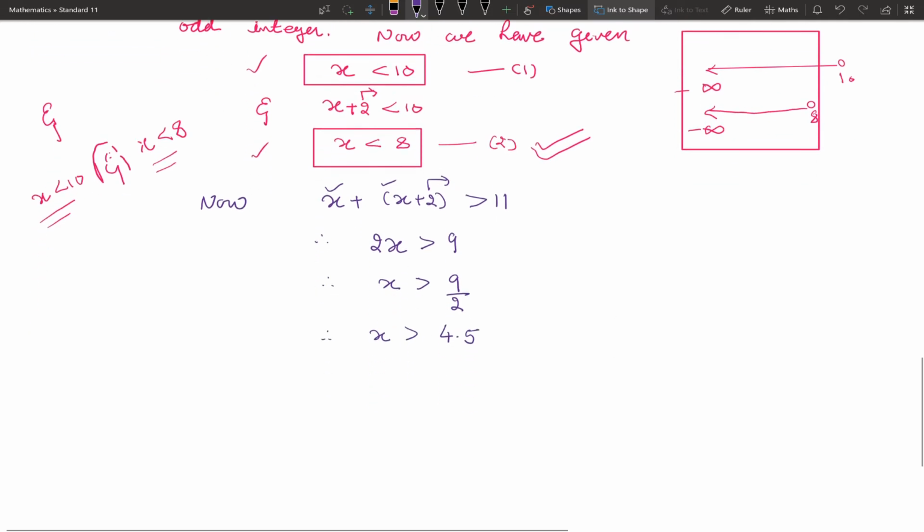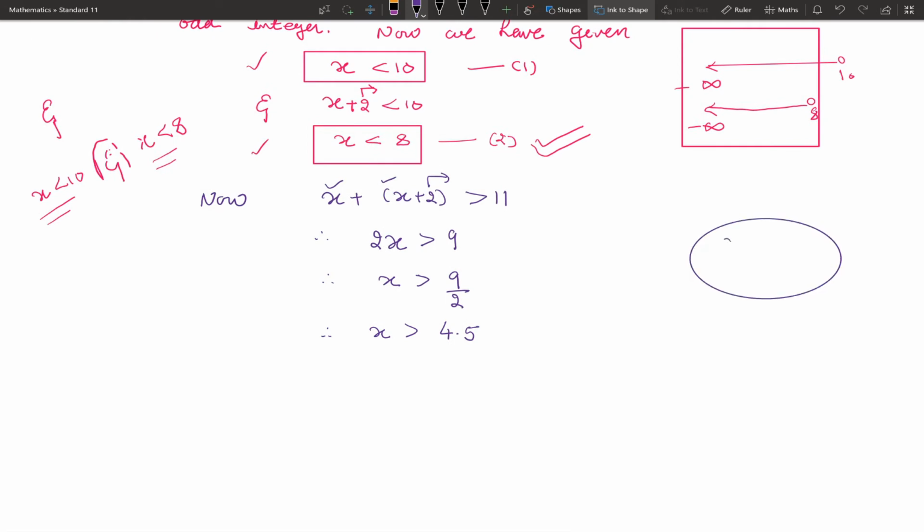The same can be written as: whether we write a greater than b, at the same time we can write b less than a. So this can be written as 4.5 less than x.